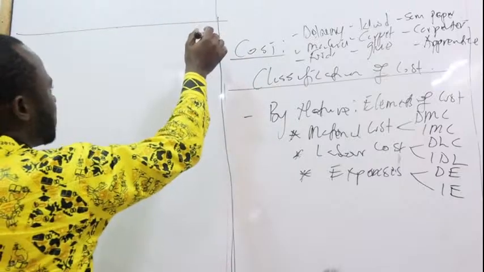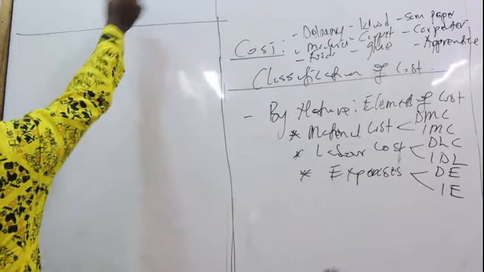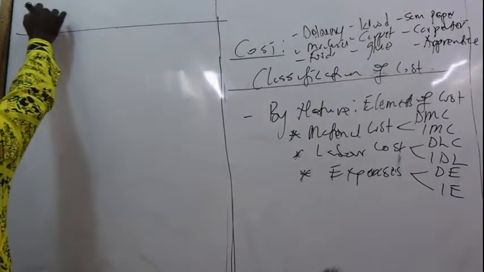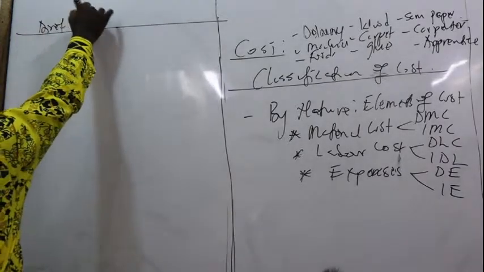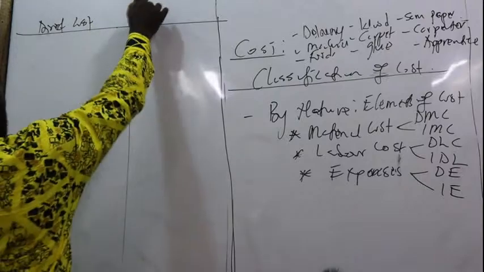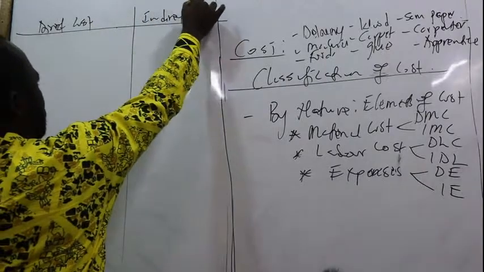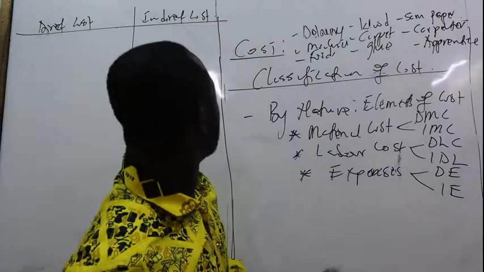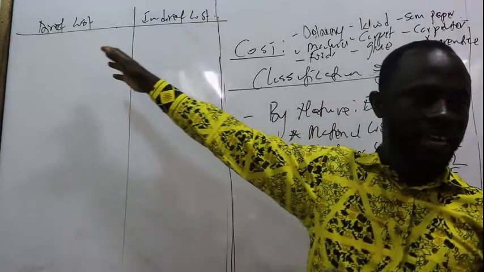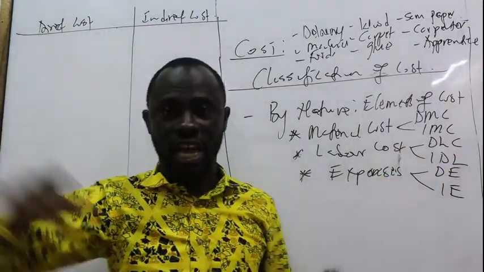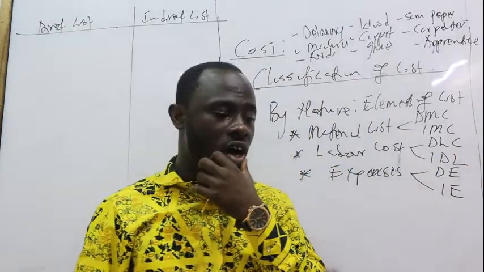We can put it in tabular form, all right? So let's put direct cost on one side here, and then indirect cost on the other side. I'm going to give you a couple of definitions.